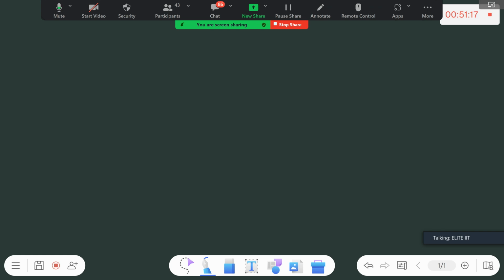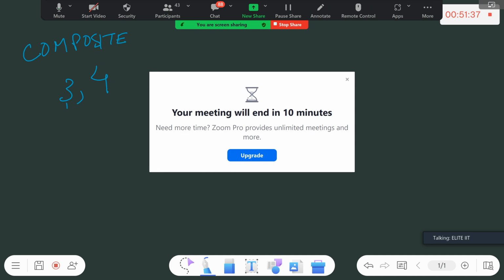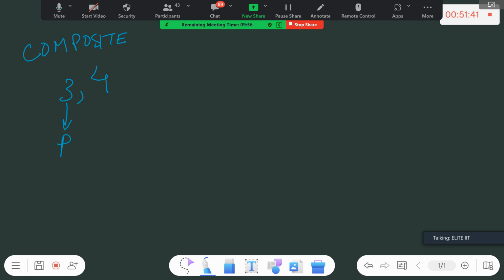So what are composite numbers? Numbers which can be divided by more than two factors. For example, 4. The smallest composite number is 4, because before 4 there is no other composite number. 3 is prime, 2 is prime.